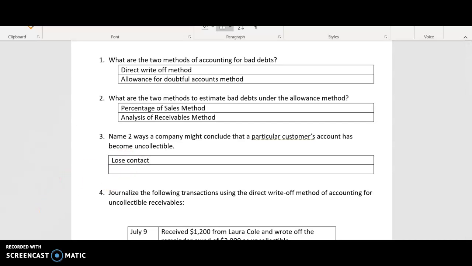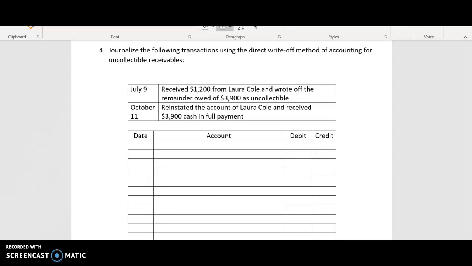If you send an invoice and it gets returned to you, or if you try to call them and they don't answer or their phone is disconnected. Another way is if you receive bankruptcy notice. In other words, the person that owes you money has filed for bankruptcy. Then it may be time to write off their account as uncollectible. If you are owed money from a company that went out of business, then it might be time to write it off as uncollectible.